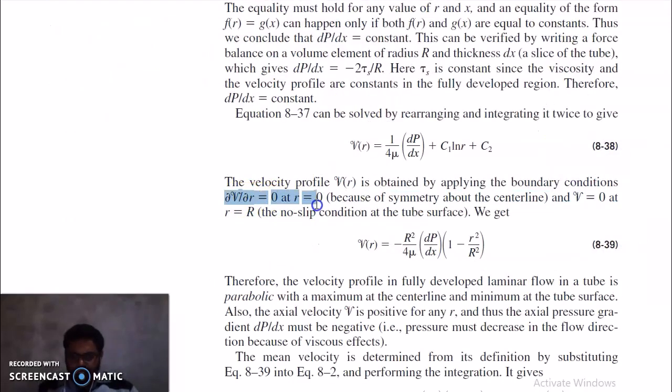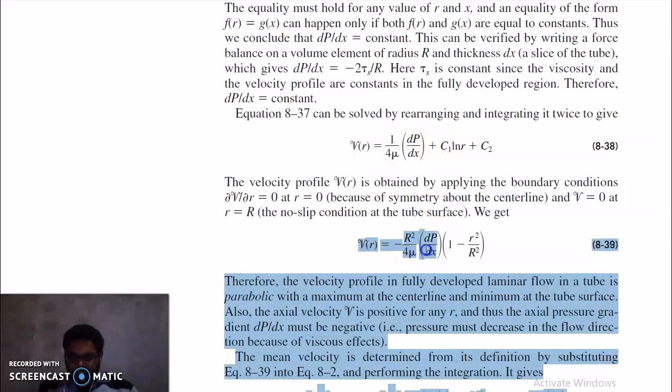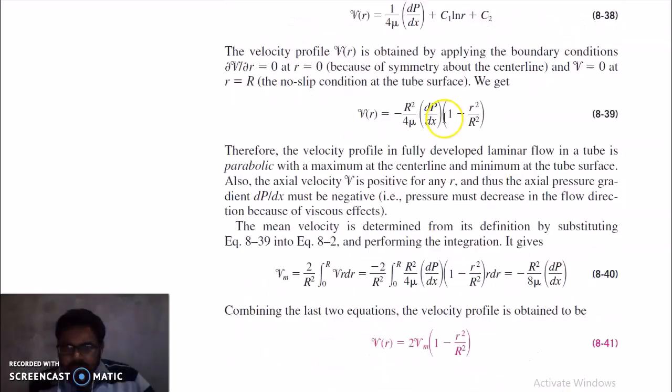So put this condition and this second condition in this equation, and you will get this equation here. This is a parabolic equation. It means the velocity profile in a fully developed laminar flow is parabolic, with the maximum at the center line and minimum at the tube surface. If you put r is equal to 0, this value will be maximum, and if you put r is equal to R, this will cancel out and velocity becomes 0.